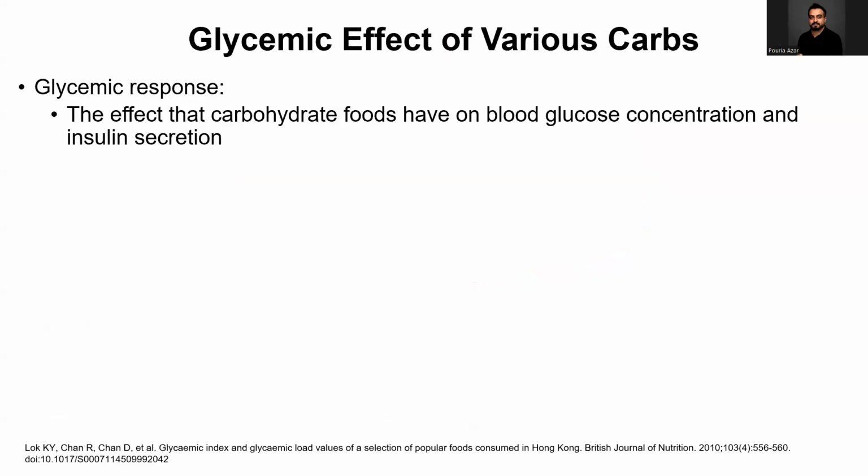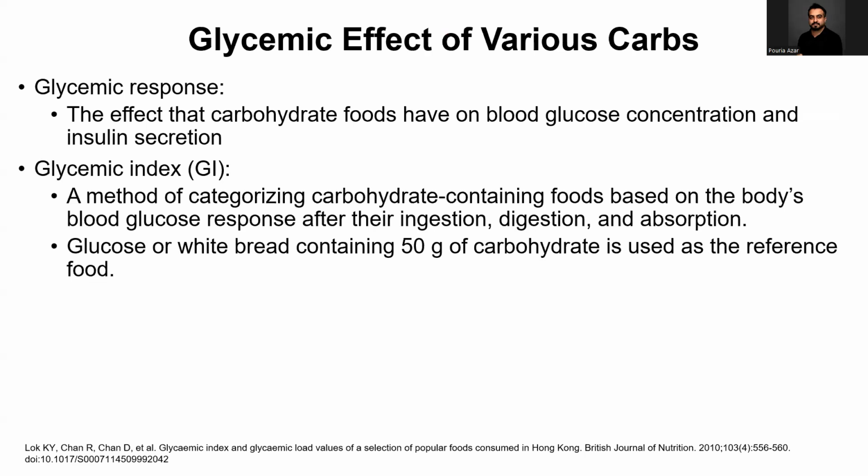We have glycemic response. This is the term referring to the effect that carbohydrate foods have on blood glucose concentration and insulin secretion. We have glycemic index. I know you remember from a table at the beginning of this chapter.